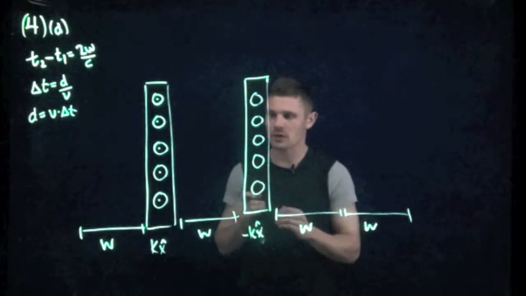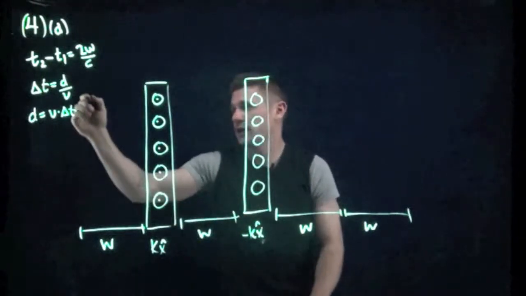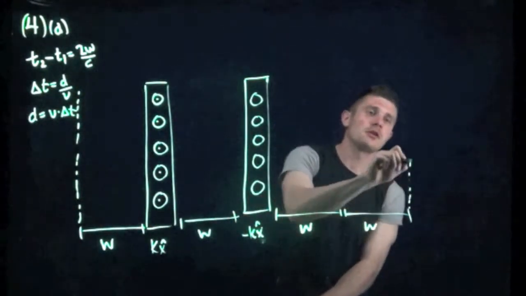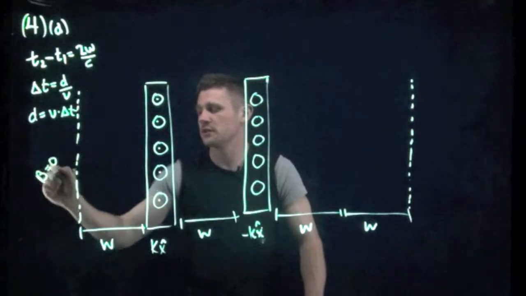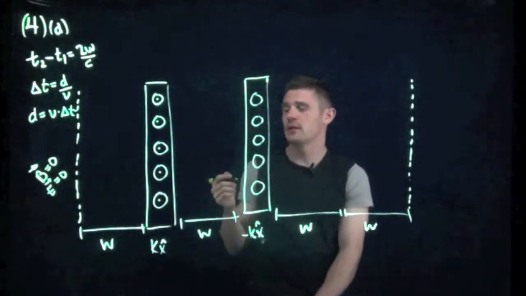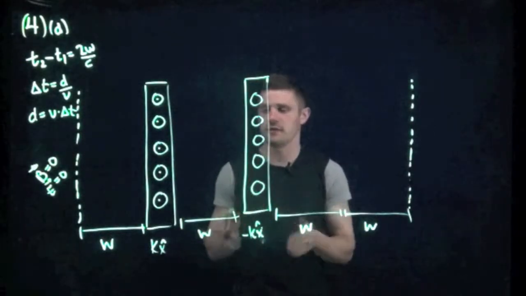Okay, so now we want to find the electric and magnetic fields everywhere. So we know that outside of this distance 2W, it will be the same as it was before. So out here, B is equal to 0, and E is equal to 0, which is what we saw in part A when we calculated the magnetic and electric fields outside of the infinite sheets of current.